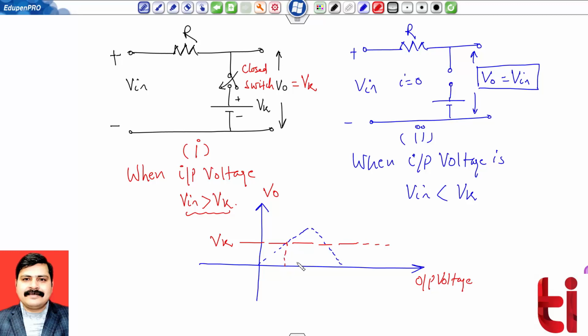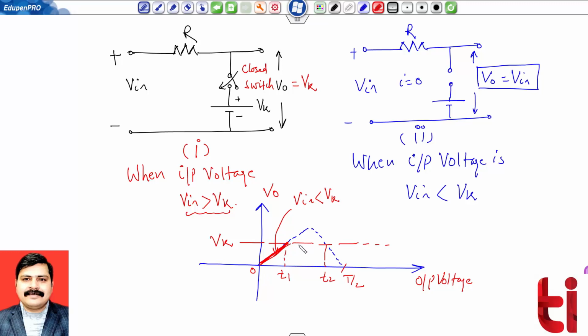Now I can check the cases. Suppose this is my time T1, time T2, and this is T by 2. From time 0 to T1, you can check that in this situation Vin is less than Vk. Therefore my output is the same as the input. So this will be my output in this region.